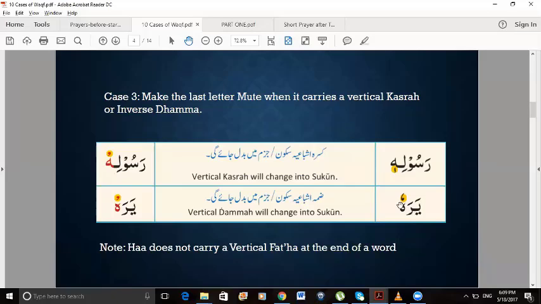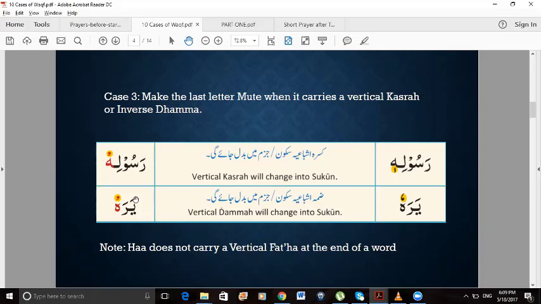Now moving on to the final example. Over here, you have an inverted dhamma on top of the ha. So normally you would read this as Yarahu. You're pronouncing this hu for 2 seconds because it has an inverted dhamma. But when you would like to stop, this inverted dhamma will change into a sukoon.